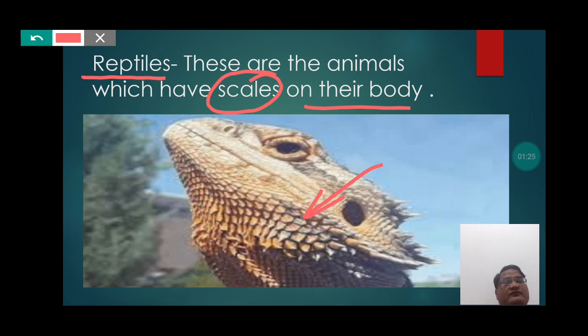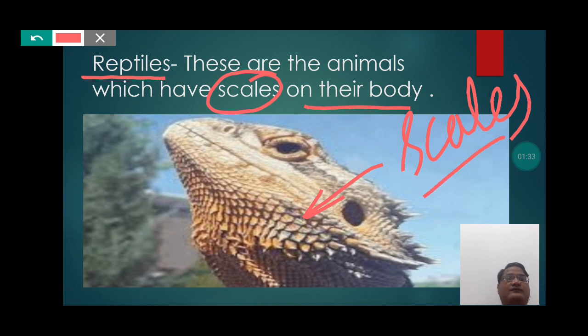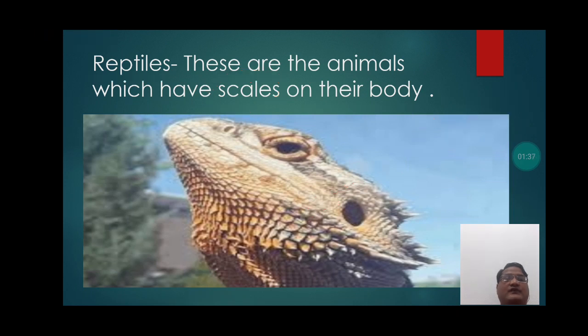So students, here in this picture, if you concentrate, you can easily notice the scales which remain present on the body of a salamander.